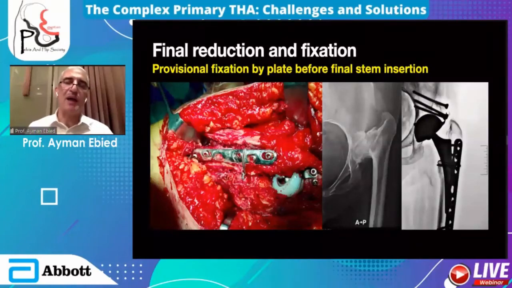If you need to add circular wires or bands around the proximal femur or the distal femur to improve your fixation, you can do so. On many occasions, some surgeons prefer to have a straight stem in these cases of dysplasia, because when you have a straight stem, you can alter the rotation of the greater trochanter.